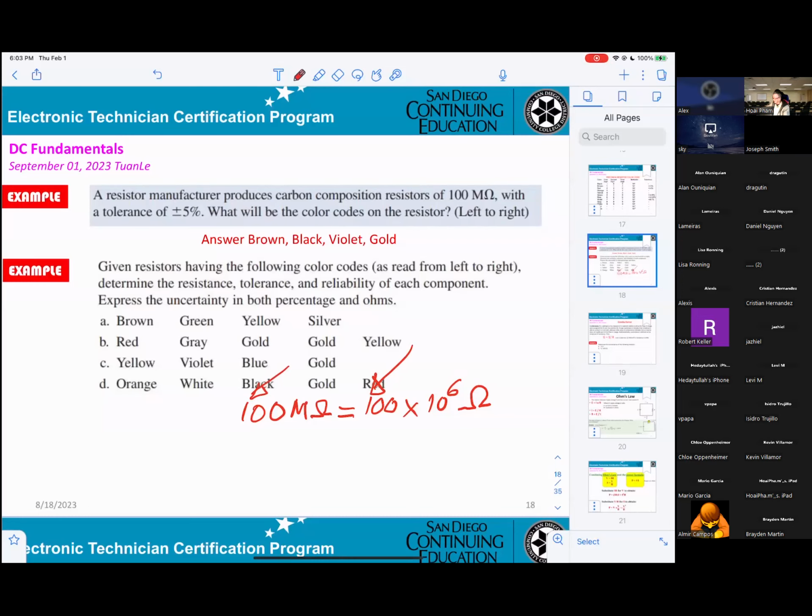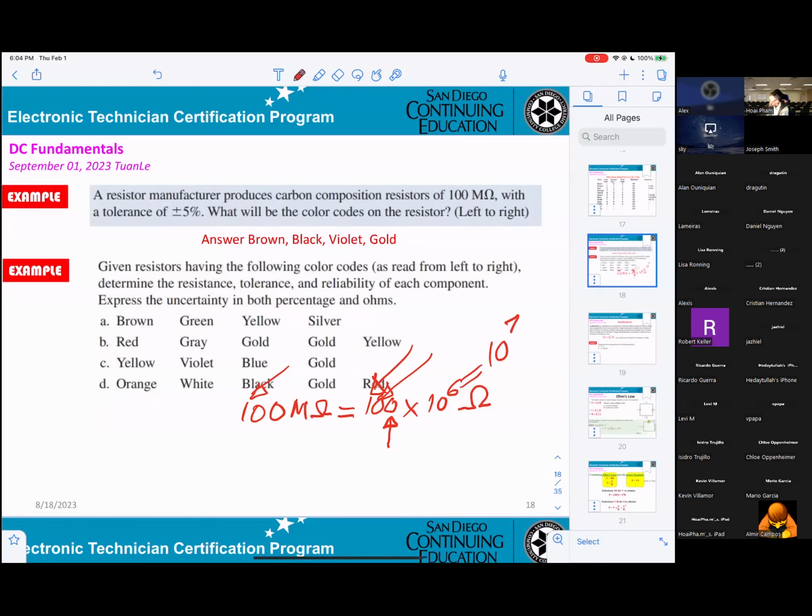The second digit, you want it to be 0. So now you still get the 1 0 right here. So basically 10 power of 6 and 100 times 10 power of 6 have to be the same thing. Go to 10 power 7.